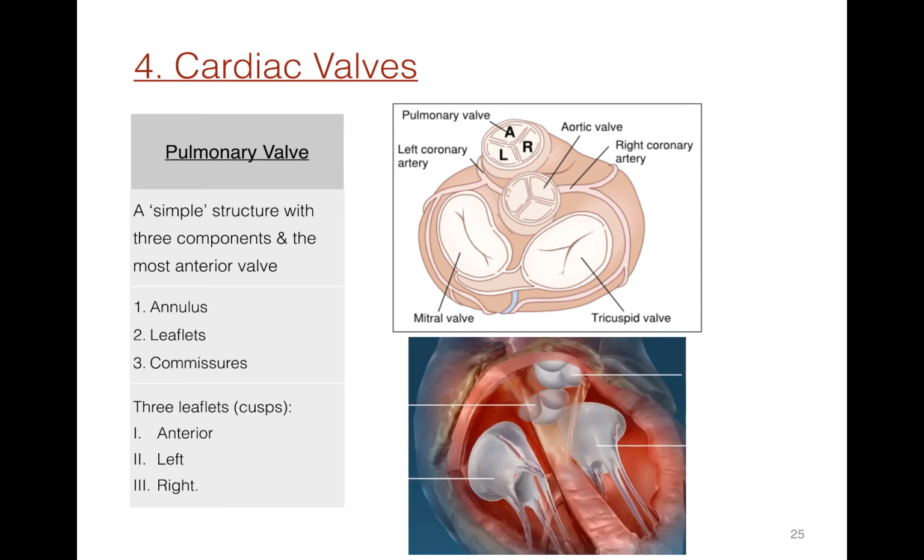It has three leaflets, and they do not have coronaries above them, obviously. They're named rather in terms of their anatomical position. So the leaflets are named anterior, left, and right.